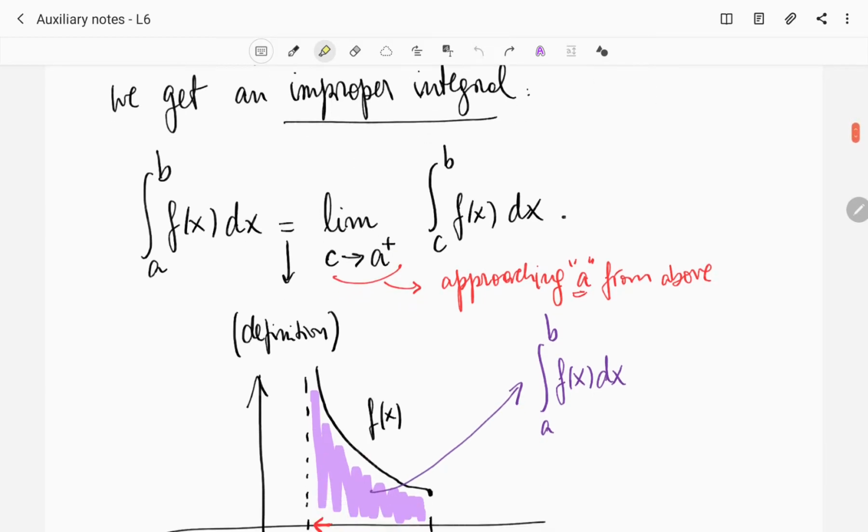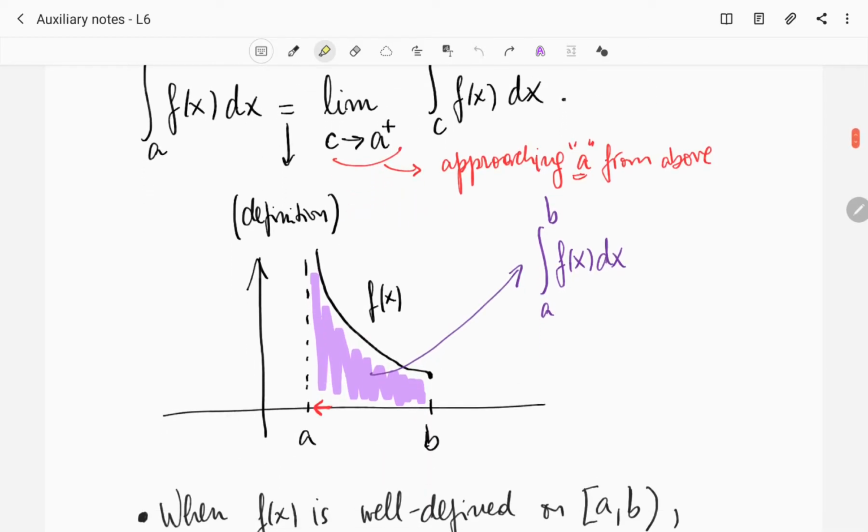Okay, so let's see this graph to have an idea of what we are talking about here. So here we have an f defined up to b, and it's well defined in all these values, but it's not defined here in a. So we can compute this integral for any c, and that's what we do, and then we take the limit approaching a from above. So this is one type of an improper integral.